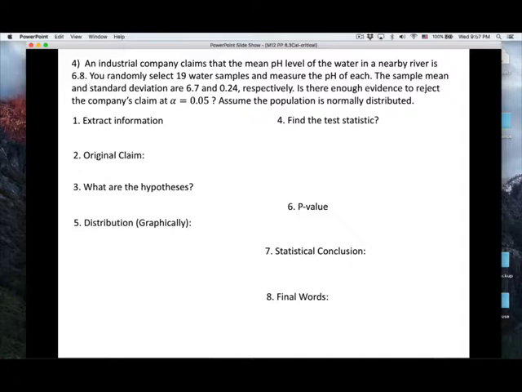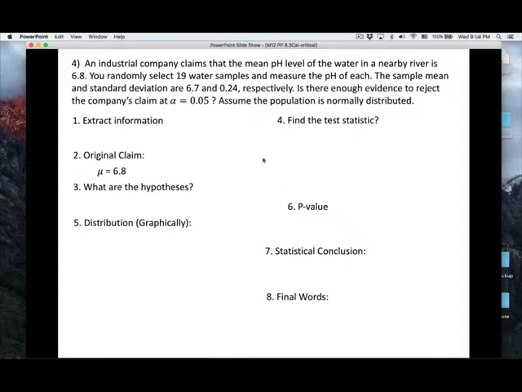Which population parameter are we working on: proportion, mean, standard deviation, or variance? We are working on the mean here. So the mean is 6.8, and that will be your original claim.